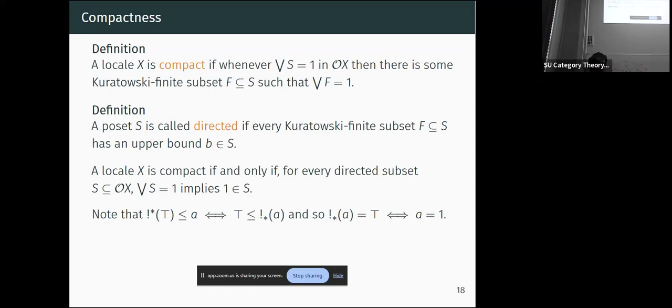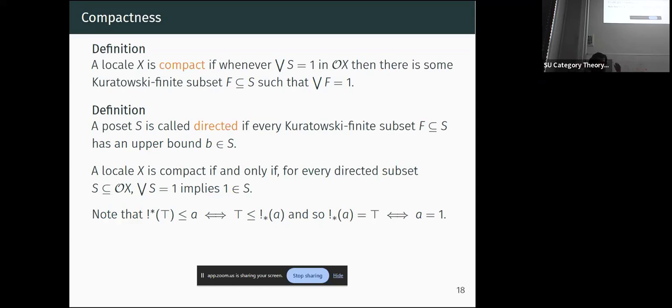And now we observe the following. If we have that this frame map applied to top is less than or equal to A, using the adjunction, it's the same as top less than or equal to the right adjoint of A. And you can see what this means: if we apply shriek upper star of top, the frame map shriek upper star preserves the top element.